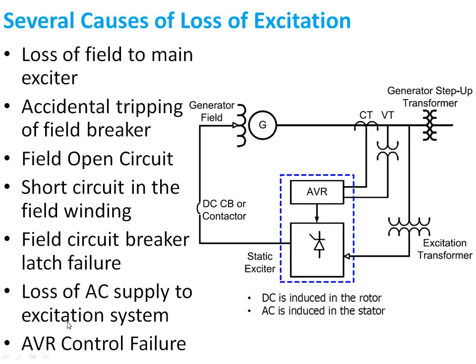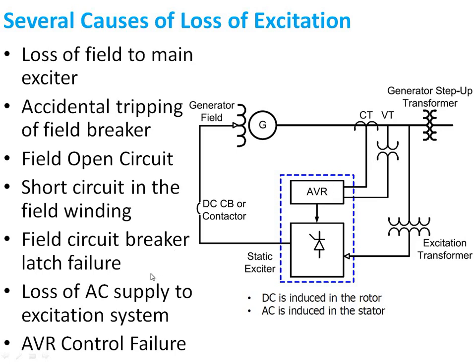Apart from that, there is a control failure, which overall will control the firing angle, in this excitation system or in the brushless system. So there is a failure of the controller, meaning a failure from the output of CT, a failure from the output of PT, and an internal failure in the control circuit of the AVR.